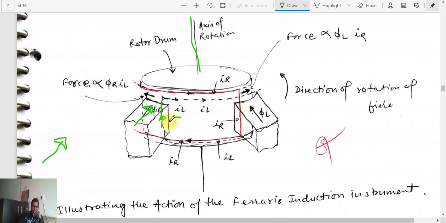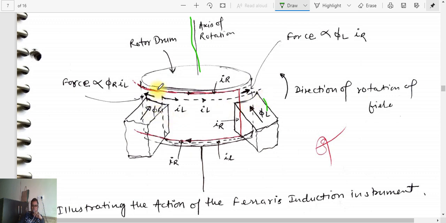There is flux outside, to reduce the effect of this main flux, so that there is a production of IR to reduce this. Same as this is phi L, this is the AC flux, inducing an eddy current or eddy voltage in these sections. Actually, here this is the phi R flux in the resistive coil, and this is the flux in the inductive coil.